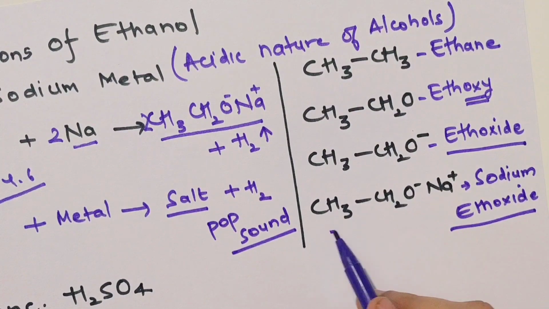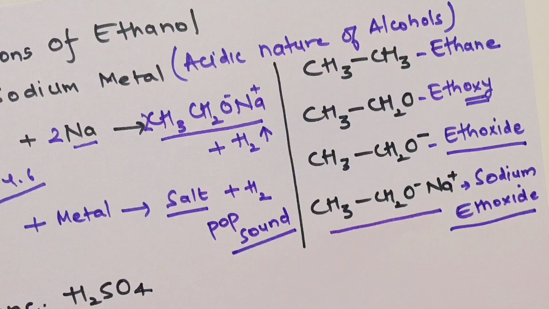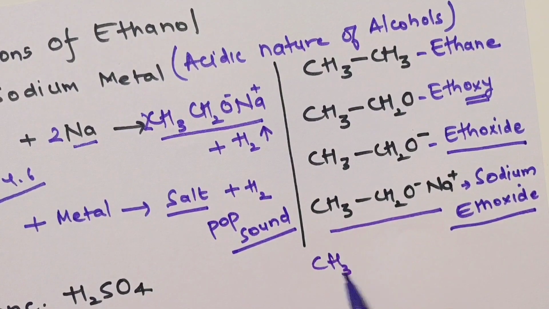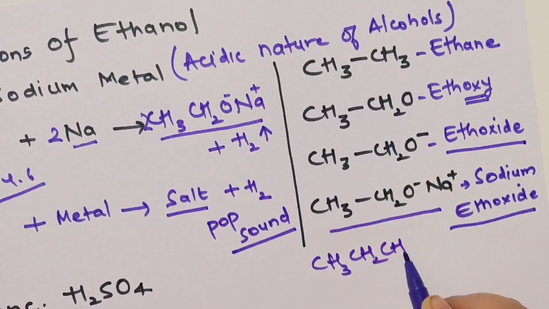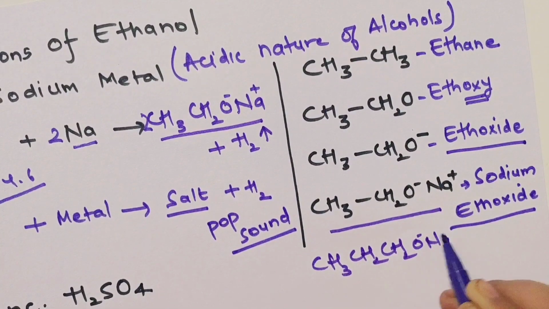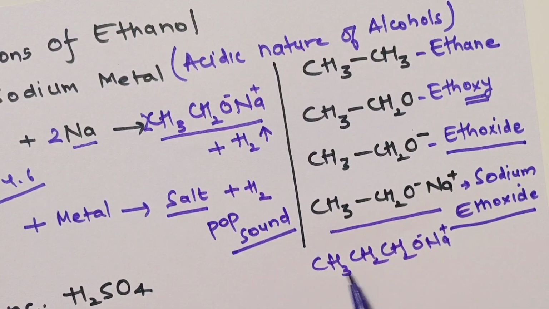So this is your sodium ethoxide. If you had, let's say, this, what would that be? This is made from propane, so propoxide, and there's a sodium atom here, so sodium propoxide.